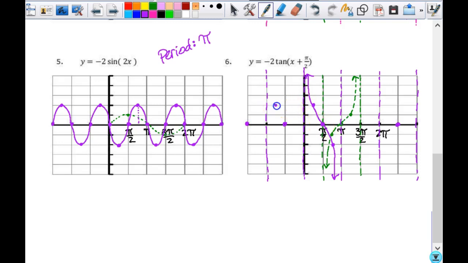Then a point here, here, and here, which means over here there's one down here. So these look like this, with my arrows on them.